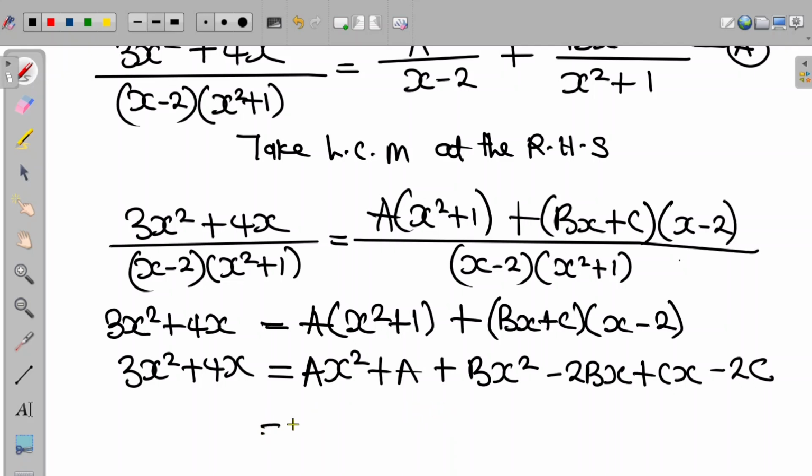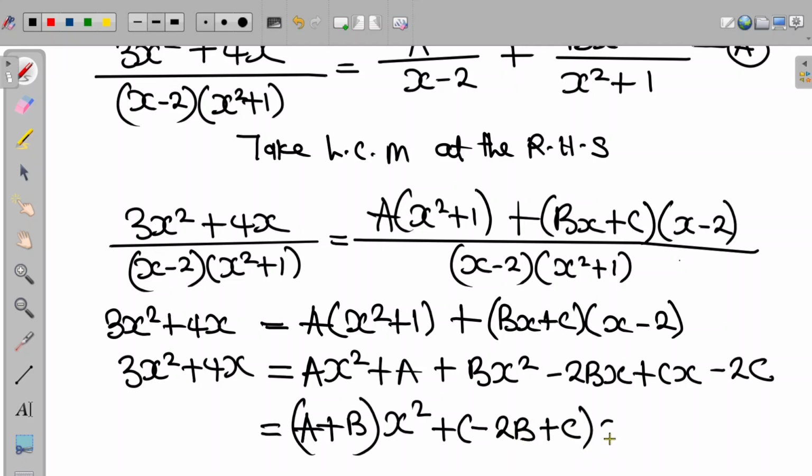So this becomes (a plus b) multiplied by x squared, and also I have x here and I have x here, so we have plus (minus 2b plus c) multiplied by x, and I have the constant terms a and minus 2c, so I have plus (a minus 2c). Then I bring down the left-hand side, 3x squared plus 4x.